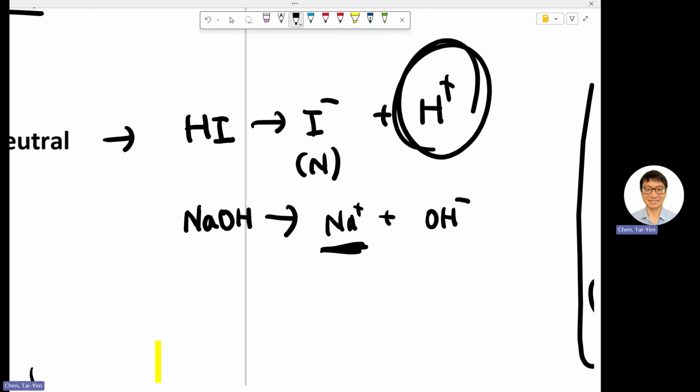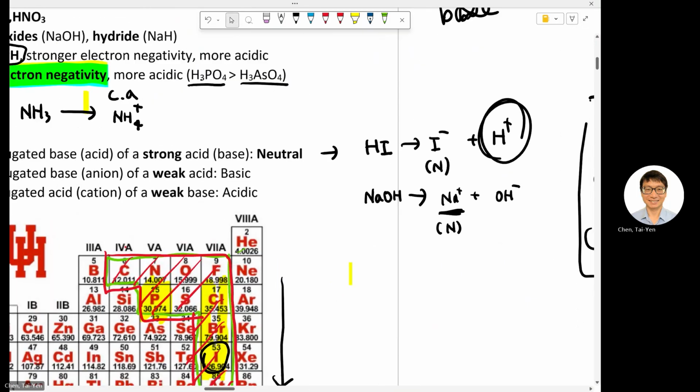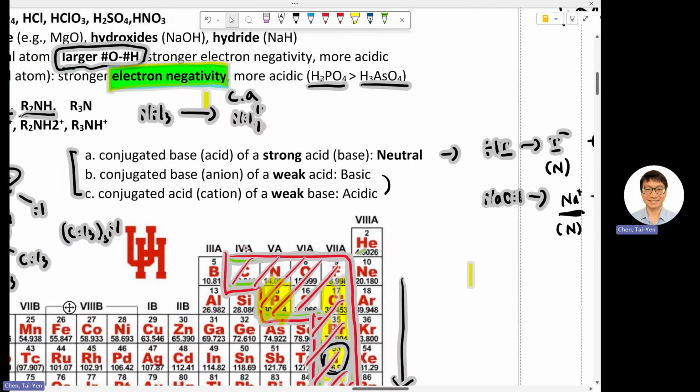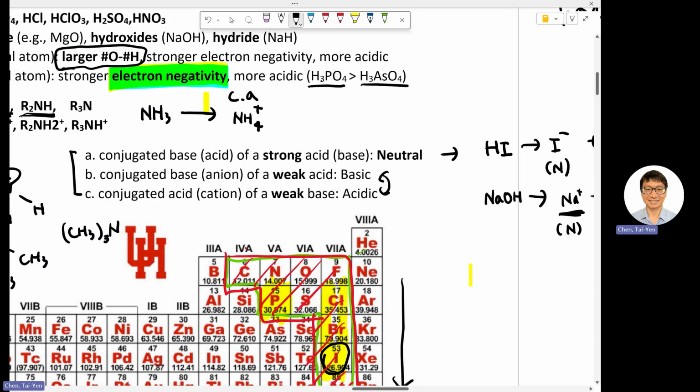And sodium plus itself is also neutral. Okay, so the first thing that we need to know: if you have the conjugate acid or base of a strong species, then it will be neutral. In this case, the I minus and sodium plus are the neutral species. These two are saying the same thing.